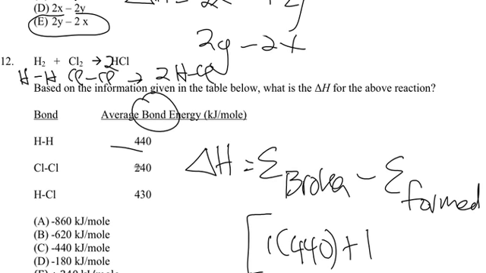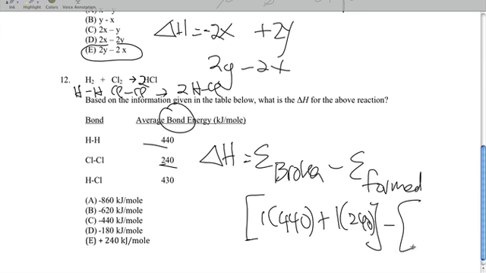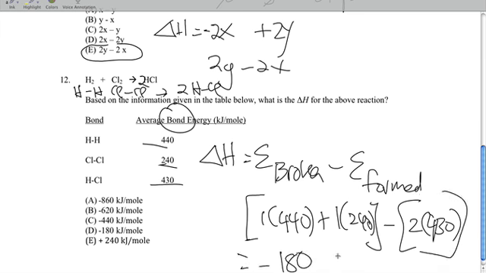And one of those Cl's is broken at 240. Minus 2 of those hydrochlorics are formed at 430. So this is going to give us a negative 180 kilojoules per mole. Answer D. Okay, see you on the free response, guys. Take care.